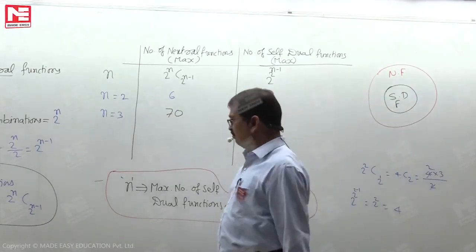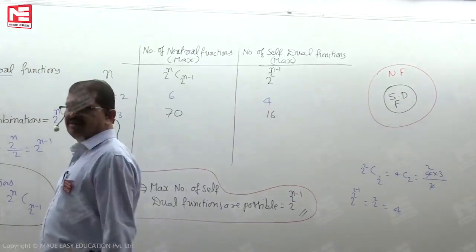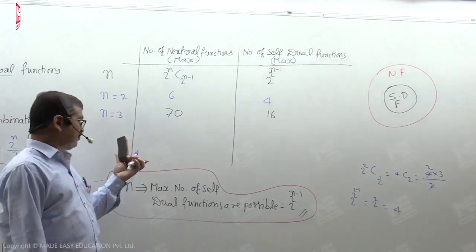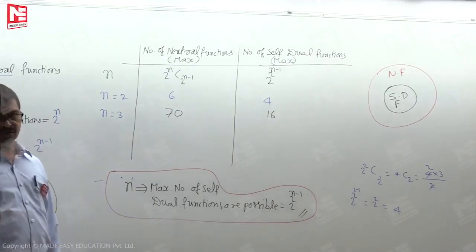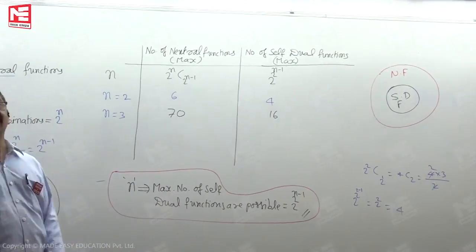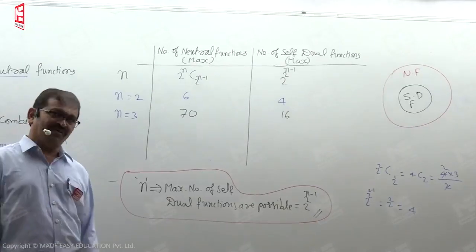These are the conclusions we are looking at. Like this you can try for any other n value, maybe 4, 5, etc. So the conclusion is every neutral function may not be a self-dual function, but every self-dual function is a neutral function.